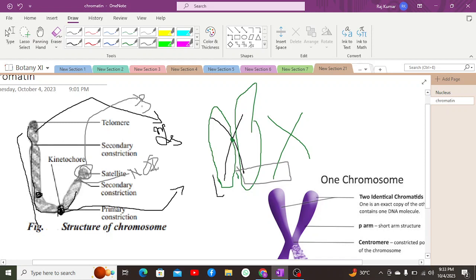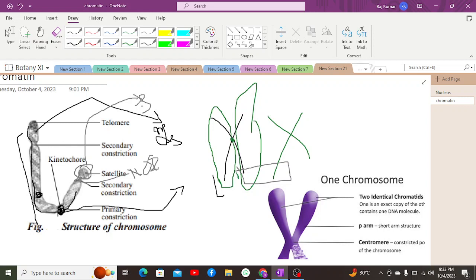Basically, this satellite DNA is a junk DNA. Why is it a junk DNA? Because it consists of a heterochromatin region having transcriptionally inactive genes which have no use in the cell in transcription.